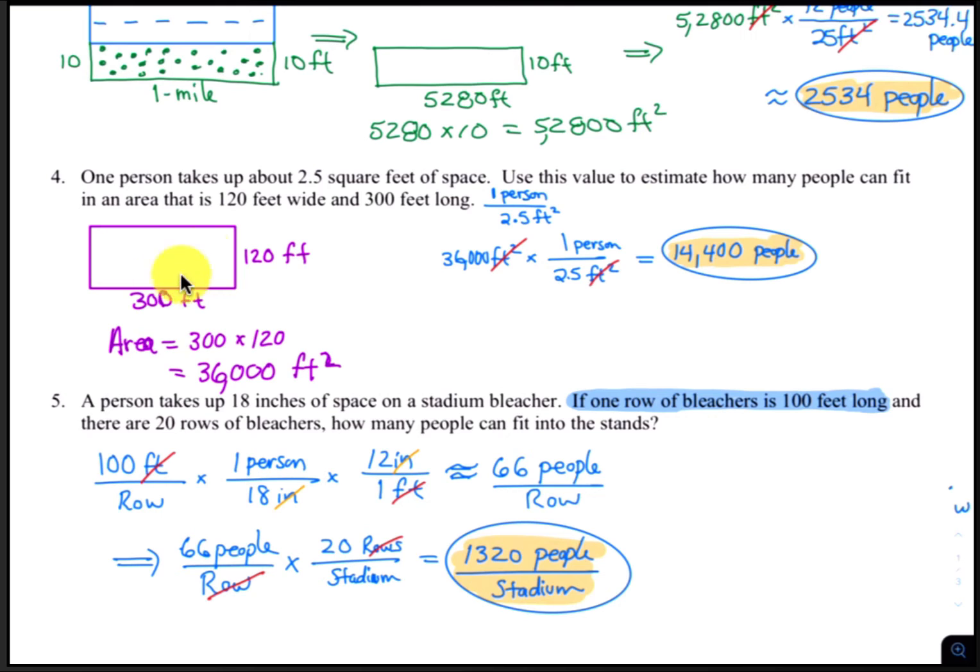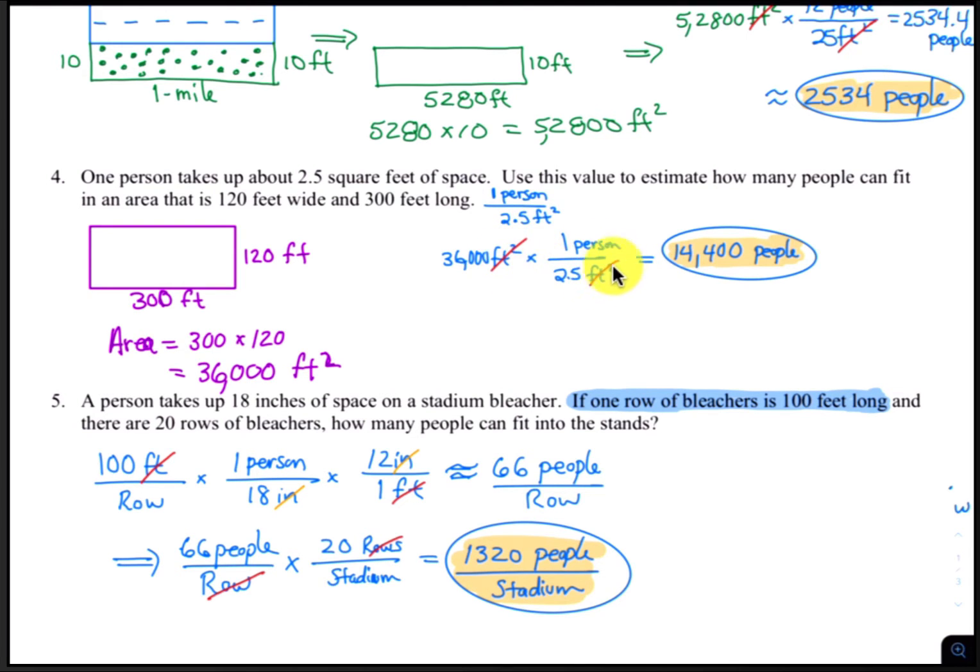Now let's find the area of this space. It's 300 feet wide and 120 deep. So we multiply 300 times 120 and we get an area of 36,000 square feet. So how many people can fit in this area? So we'll take the 36,000 square feet and multiply it by one person per 2.5 square feet.